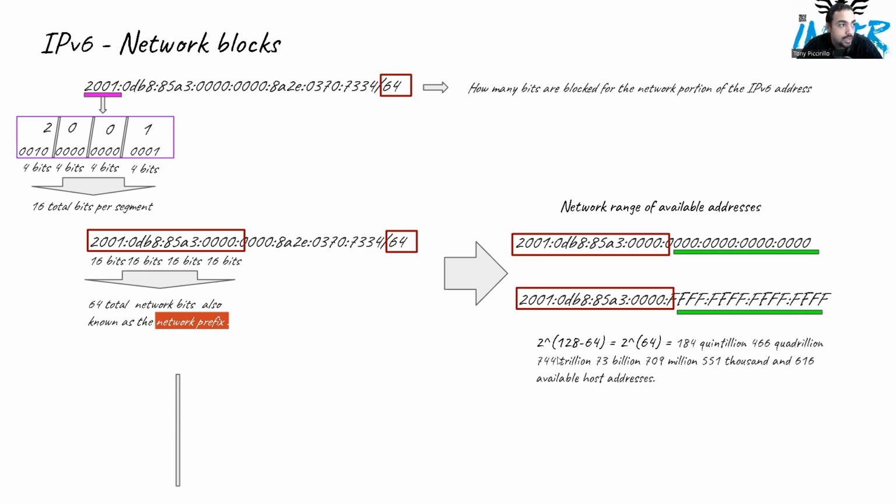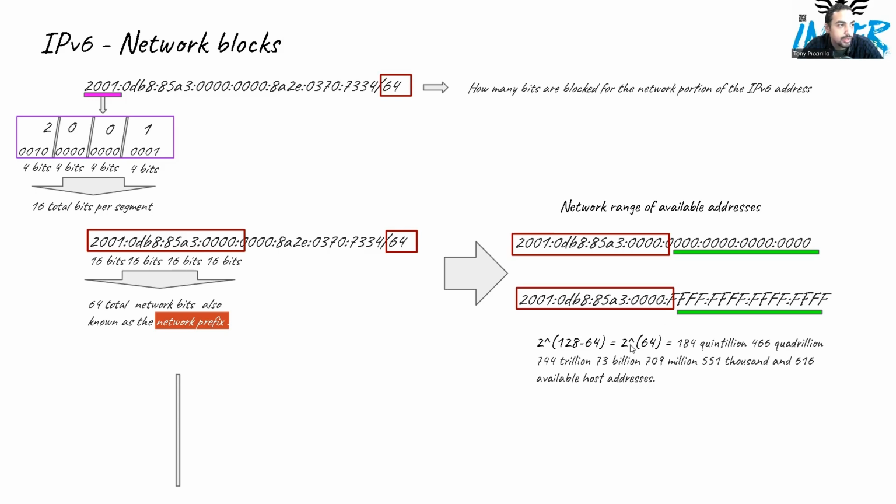Does that make sense? So 128 possible bits for this whole string. We're using up 64 for the prefix. So 128 minus 64 gives us 64. 64 can be either on or off, right? The bits can be either 0 or 1.